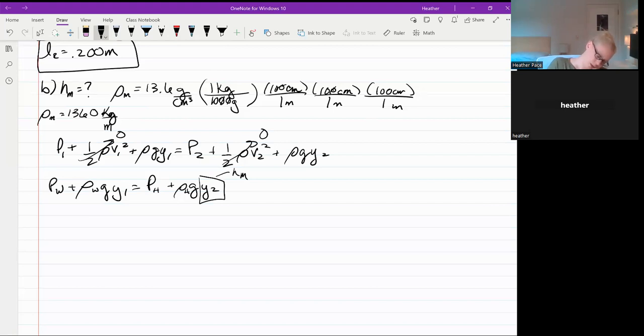So we can do H equals P minus P plus rho water g Y1, all over rho Hg.